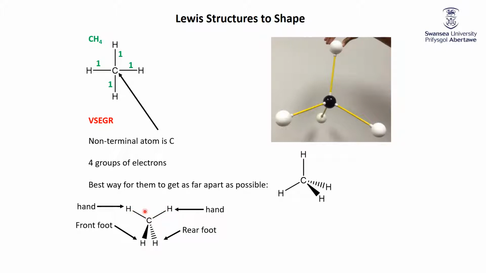So arms spread out, making a V, legs, one in front, one behind. So that's a tetrahedron. We got model kits that we gave you that you can use to make tetrahedra, and we will of course illustrate it more in class.